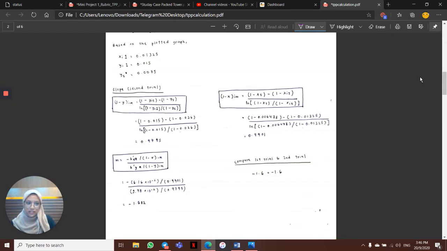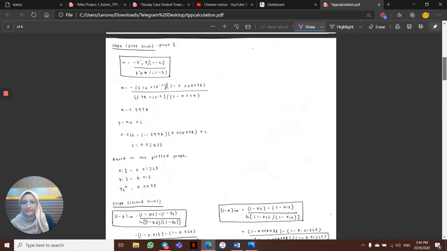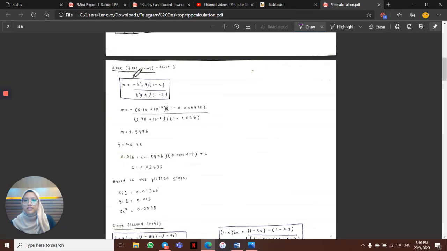For the first trial of slope, for point 1, you will get this equation in the appendix and substitute the values in it, and the gradient you will get is negative 1.5976. To be easier, negative 1.6.